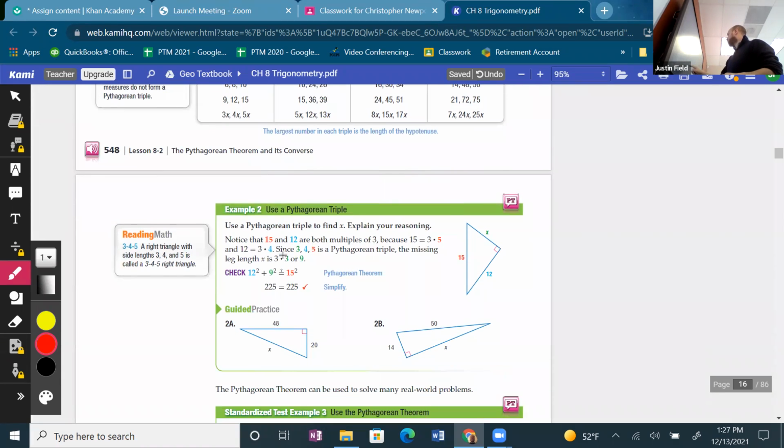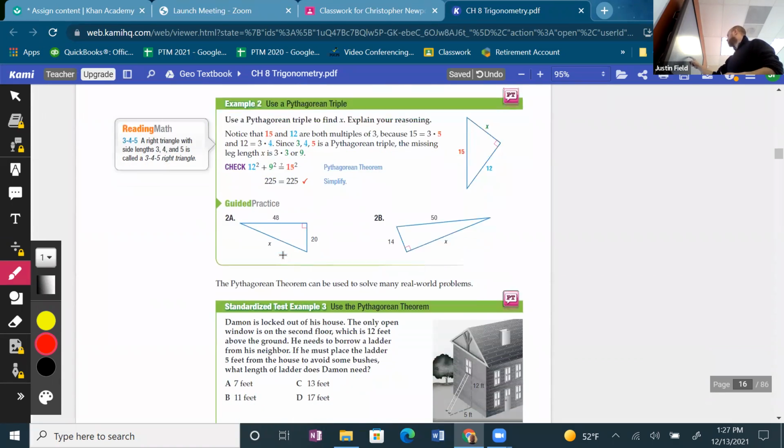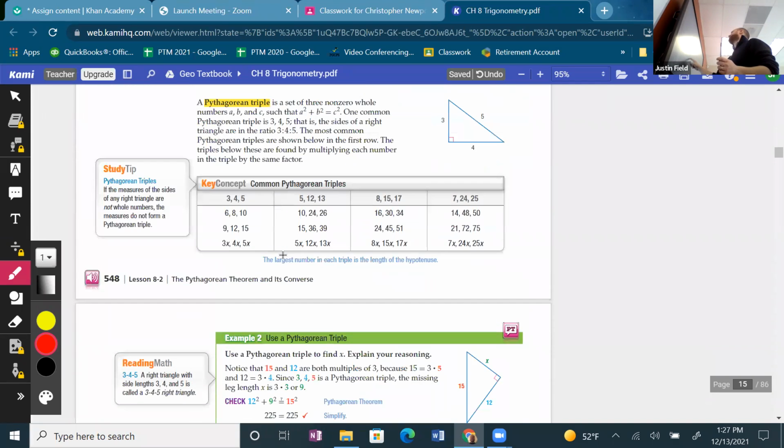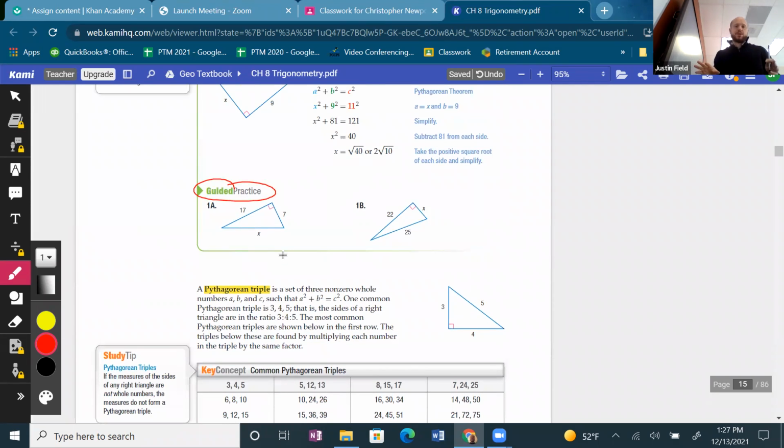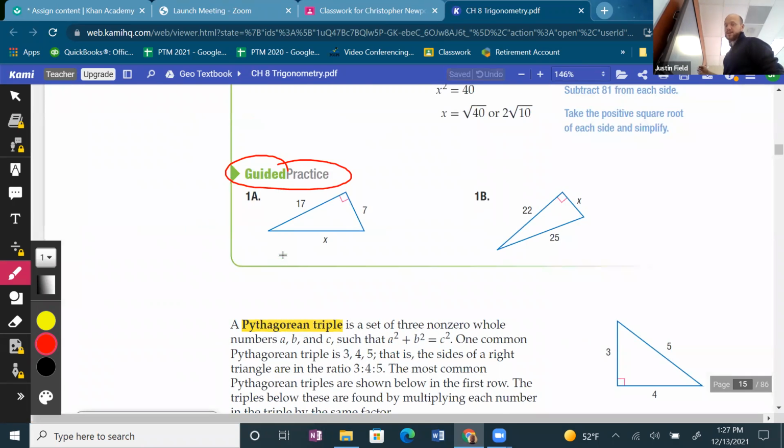Okay, let me just slow down. When we do the Pythagorean theorem, we're going to start by labeling the sides. The side across from the right angle is always your C side, and then A and B are interchangeable.